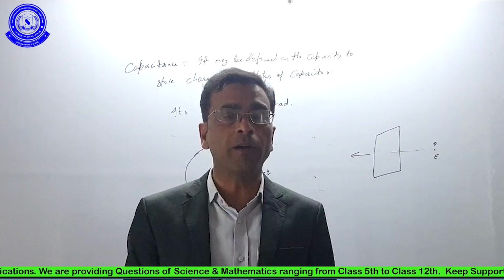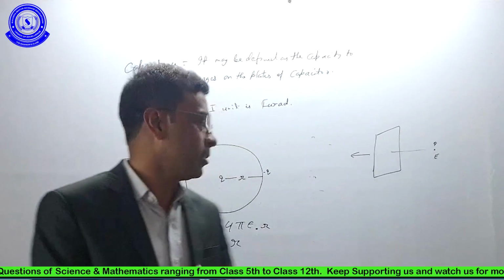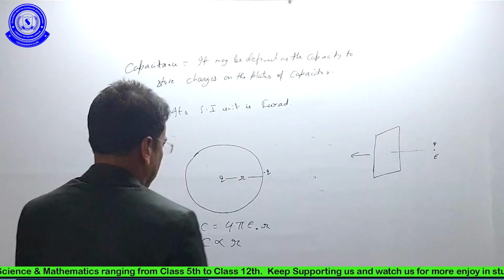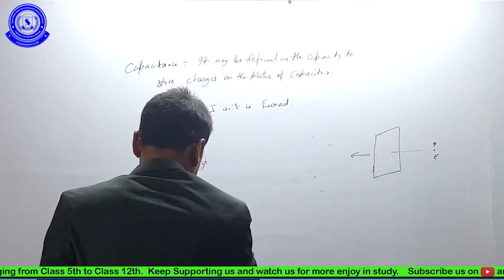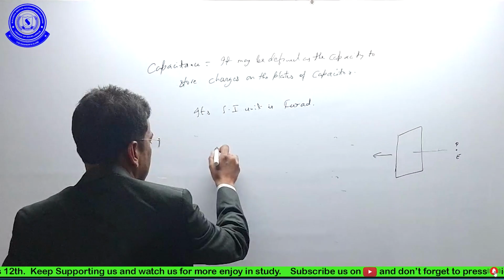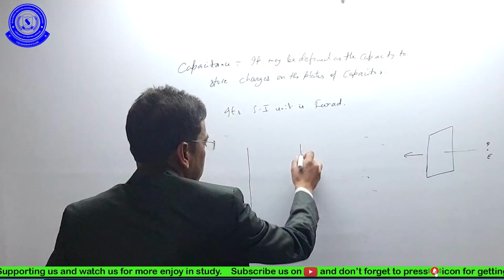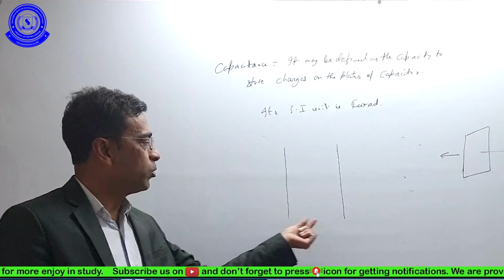Now I am discussing the parallel plate capacitor and its structure. A parallel plate capacitor is in the form of two plates that are parallel to each other.